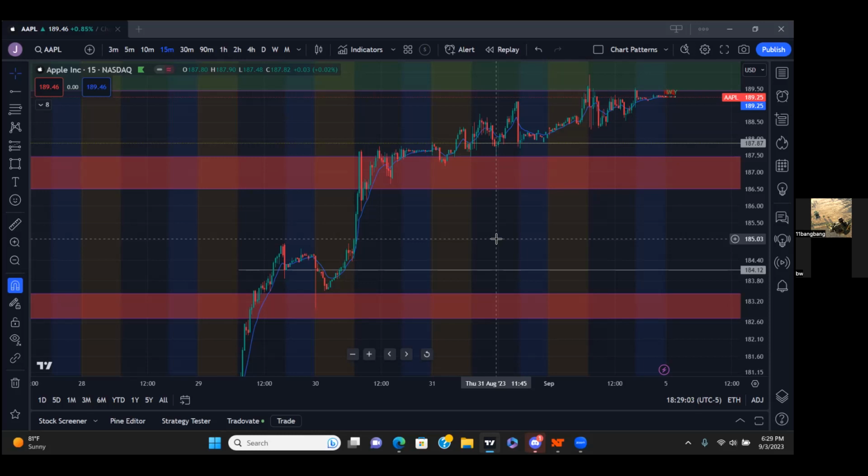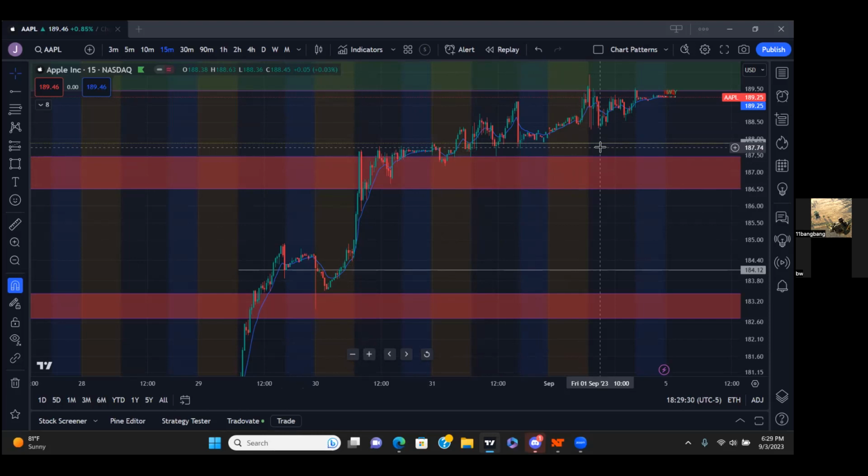Right. That's interesting. So usually for this type of price action, I would like to see how we respond to the fair value gap above.